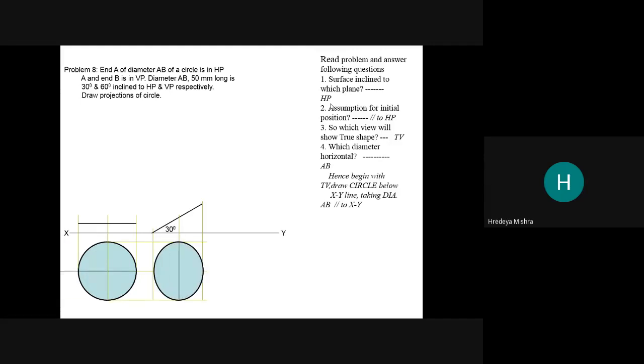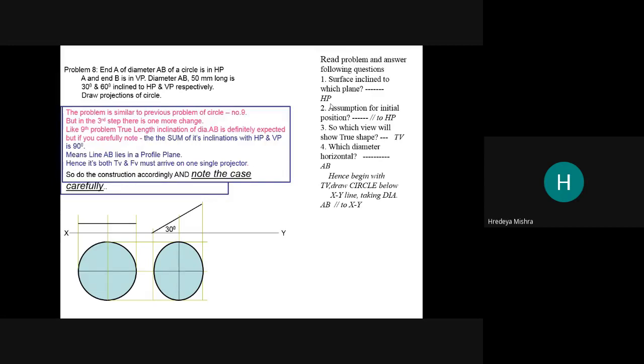So let us start with the XY line. Now the circle true shape is drawn below the XY line. Give the names here. Now 30 degrees.